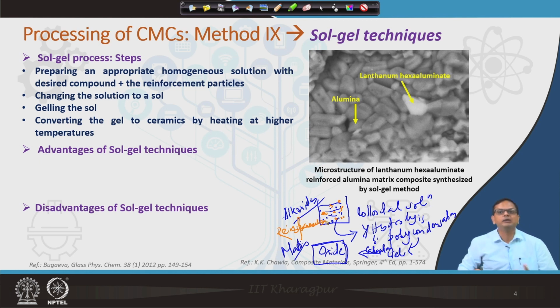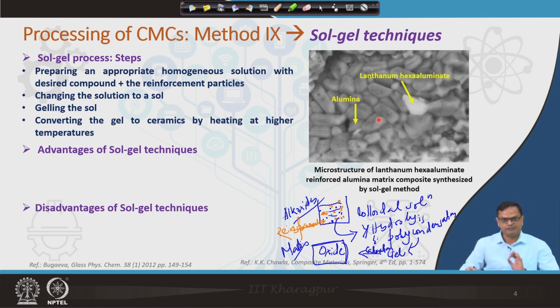You can have particles or short fibers. An example has been shown here: an alumina matrix reinforced with lanthanum hexaaluminate. This alumina has been synthesized by the sol gel technique, which is the basic process by which a ceramic matrix composite can be synthesized.